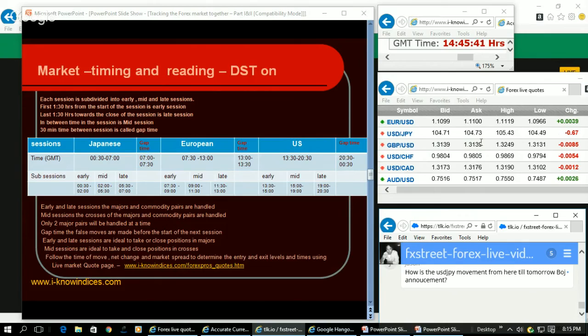Slowly, they will handle the crosses by making some moves, and then from the mid session they will start gaining levels in the case of Euro and GBP as well as USDJPY. And in the gap time, they will make the false move. So if you take the 24-hour market cycle, they will make an early session upward or downward stop to start with that day.